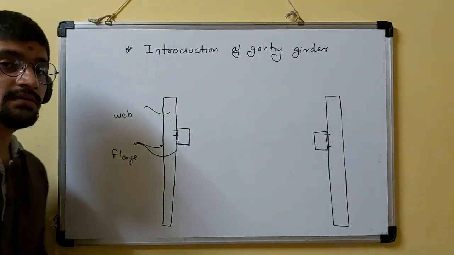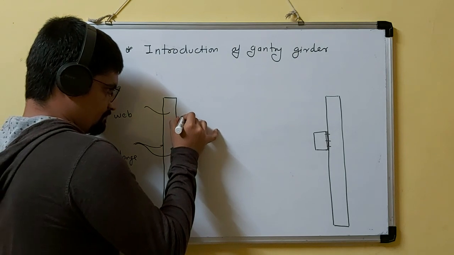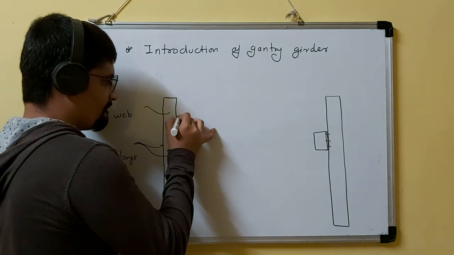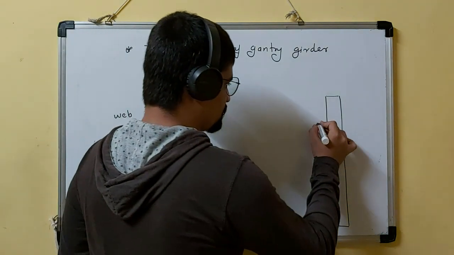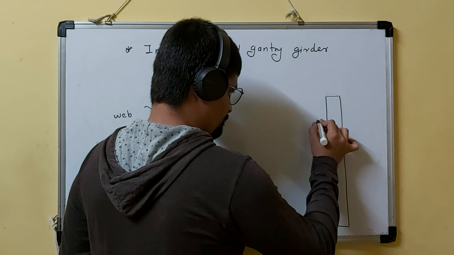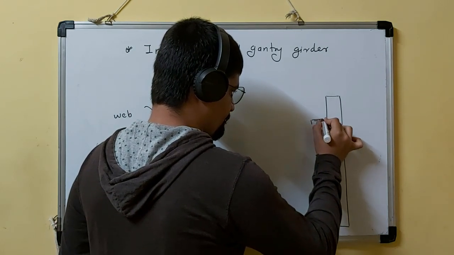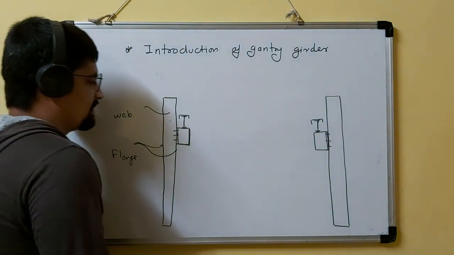On this section, one I section is placed. Over that, one C section is placed. Here also the same, one C section is placed.